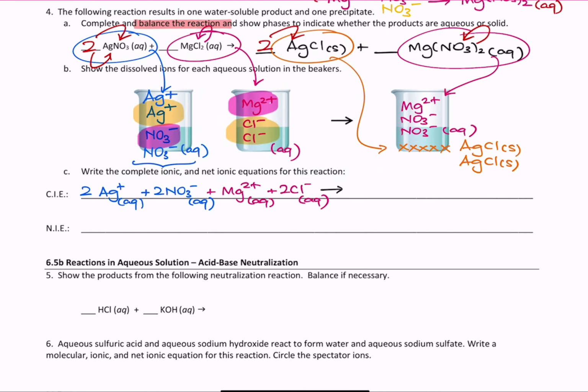We are forming silver chloride, 2 of them, plus the magnesium nitrate, magnesium ion, aqueous, and the 2 nitrate ion, aqueous.